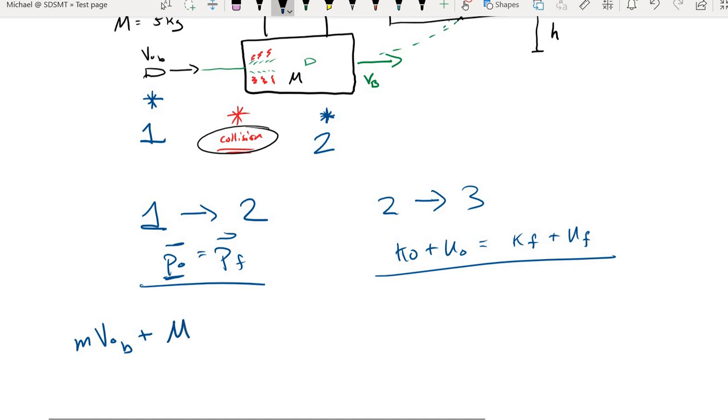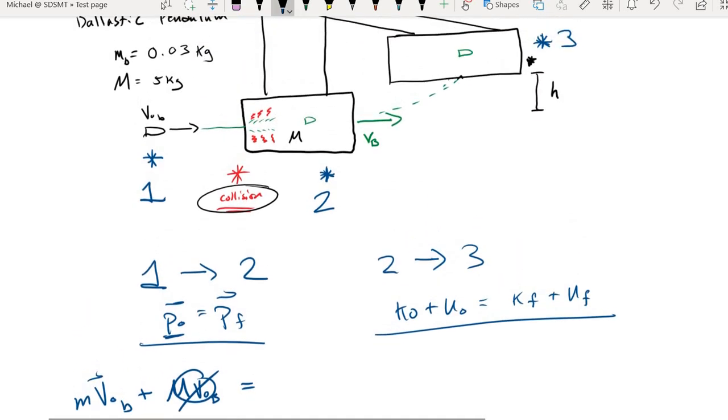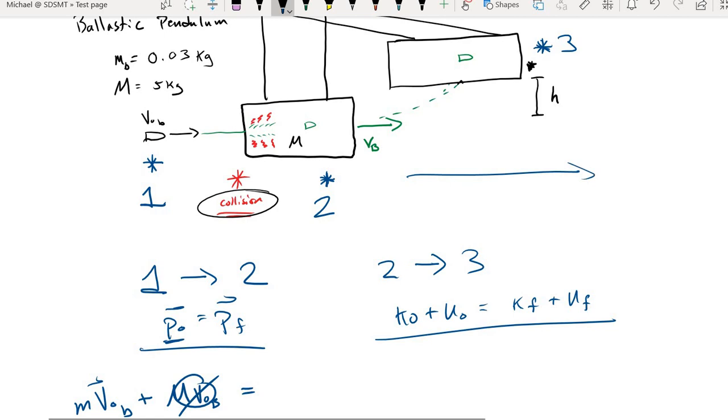The block, if we absolutely had to, we could label an initial velocity for the block, but it's 0. So our initial momentum for the entire system is just the momentum of the bullet, and that is technically to the right. So if we need to, I can plug in an x-axis here.